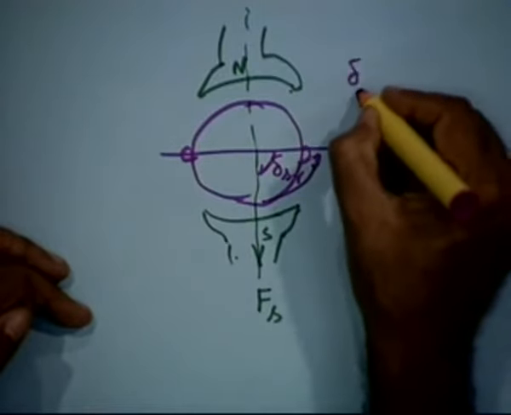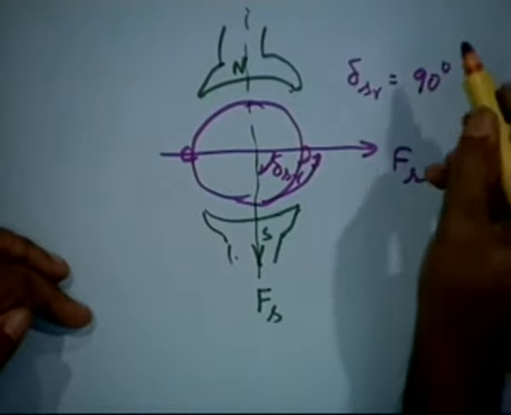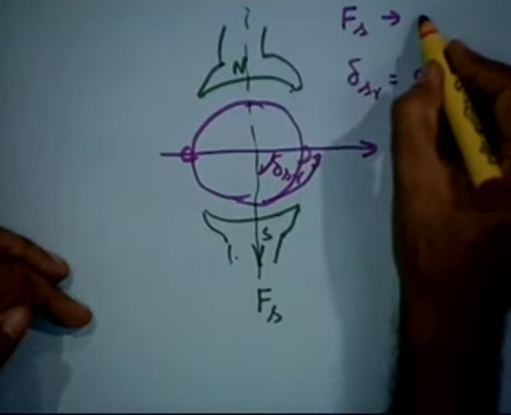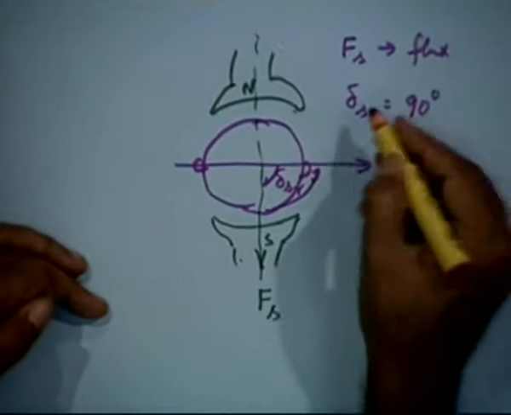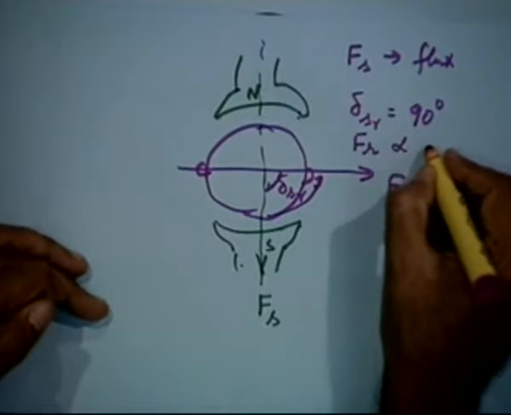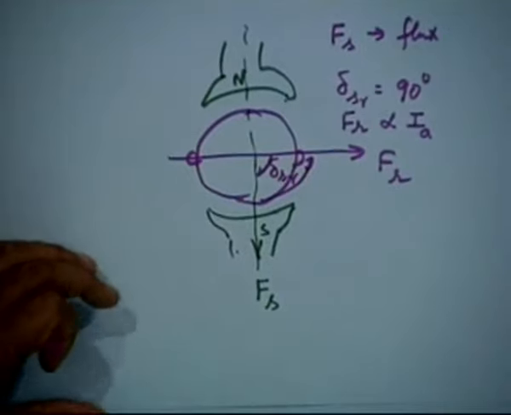So delta SR is always equal to 90 degrees. That means it is Fs which will give you the flux, and Fr which will be proportional to the current carried by the armature winding.